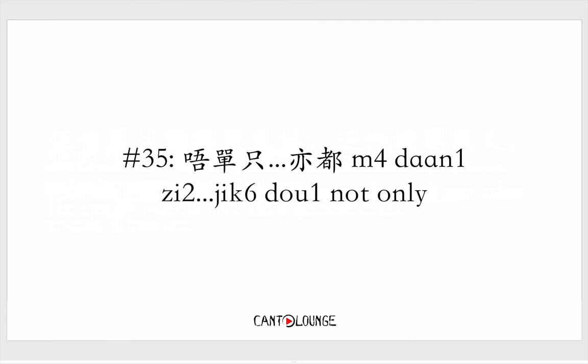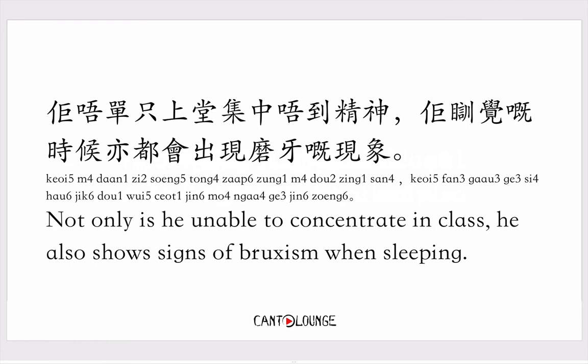So next, again, a very similar construct, 唔單止 something something, 亦都, not only, but also. So, for example, you might say, parents describing their children's situation, 佢唔單止上堂集中唔到精神，佢瞓覺嘅時候亦都會出現磨牙嘅現象. So 佢 he 唔單止 not only 上堂 during class 集中唔到精神. So remember 到 is to be able to.